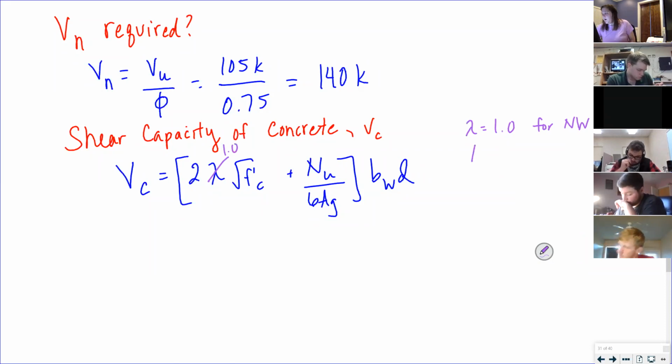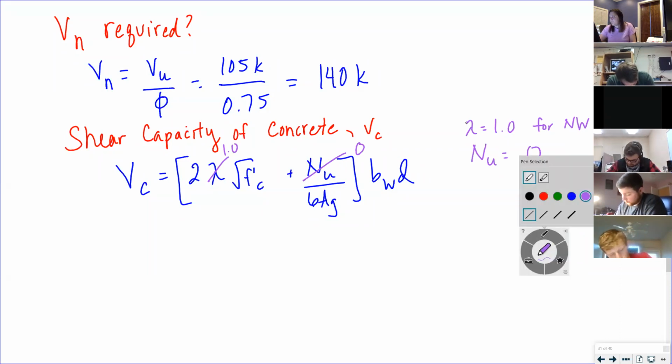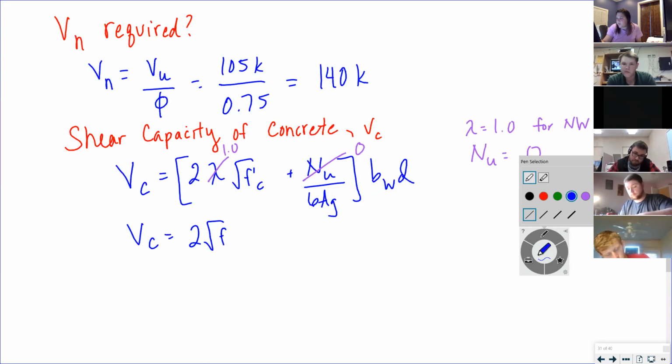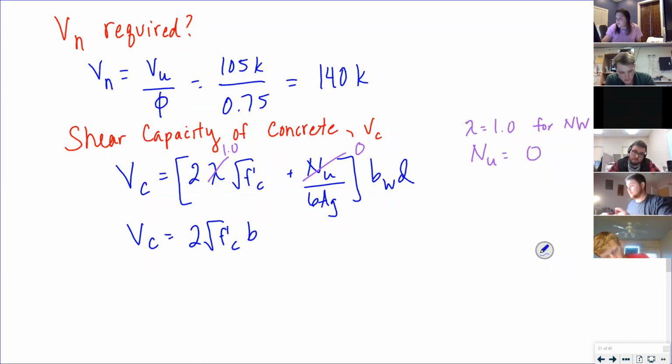And we don't have any axial load, so that is 0. So my shear capacity from my concrete is 2 square root f'c times bw d.